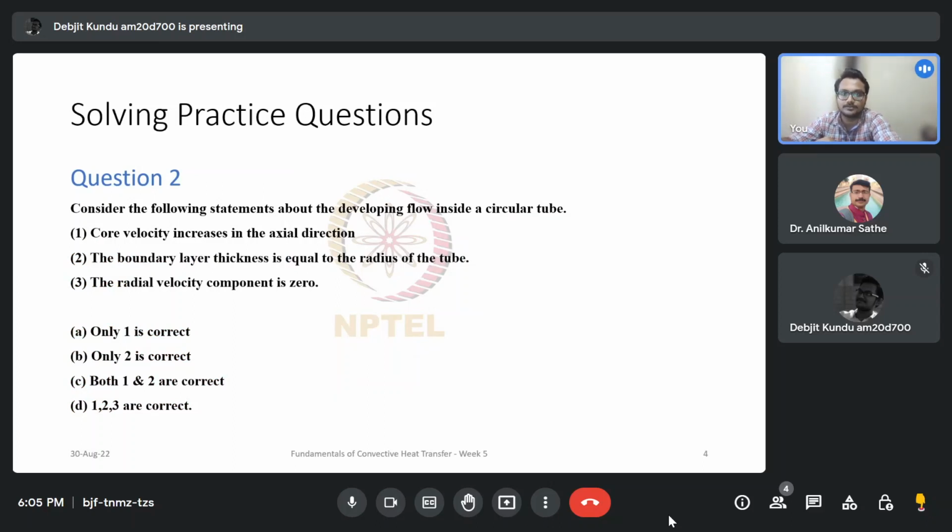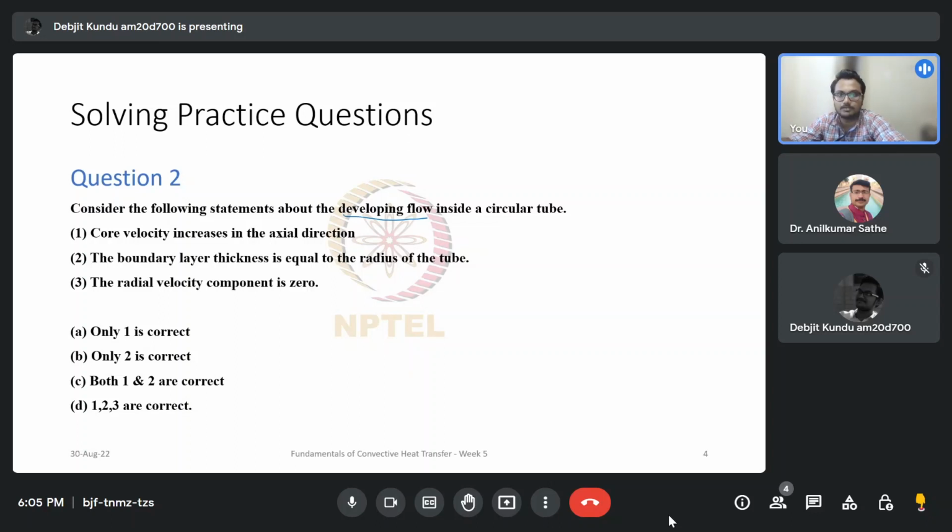Question number 2 gives 3 statements; you have to consider them and select which ones are correct. These statements are related to the developing flow inside a circular tube, so you have to consider the developing flow region. Statement 1 says core velocity increases in the axial direction.